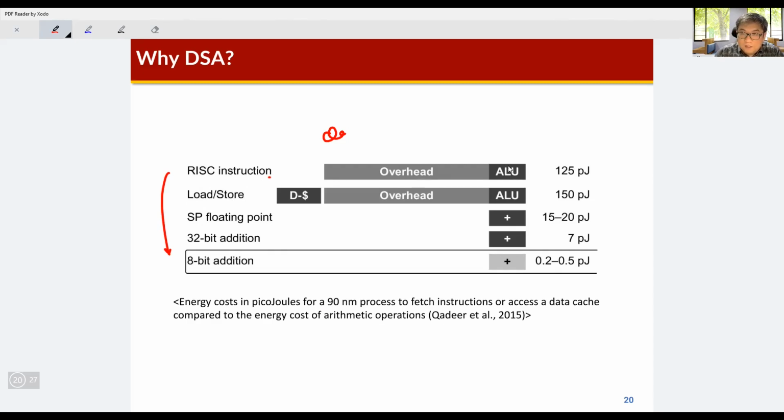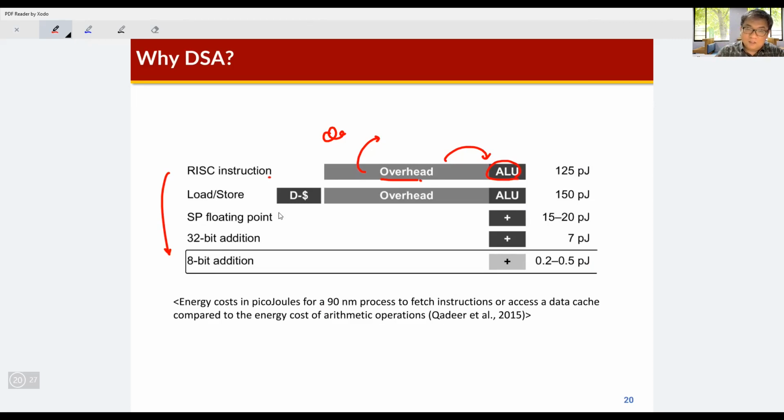This is the energy consumed by the ALU, but what is the overhead? The overhead is much larger than the energy consumed by the ALU. What is this overhead? It is pipeline control, instruction decoding, instruction fetching, rollback, and then prediction and speculation.